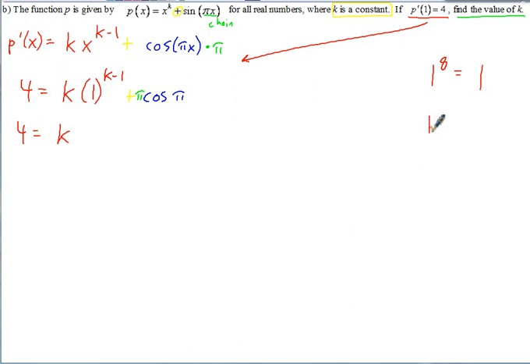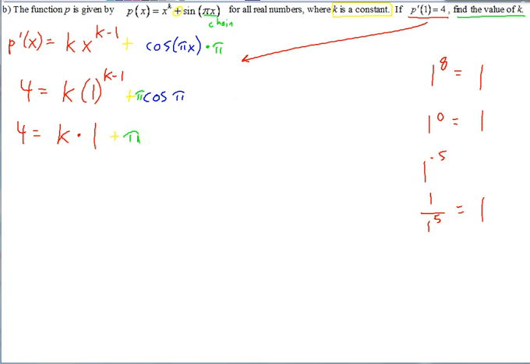And 1 to the 0 power, also 1. 1 to the negative 5th, it'll be 1 over 1 to the 5th, also 1. So notice whatever exponent we raise 1 to, it's always going to be 1. So 1 has that special property. So even though we don't know this exponent, because the base is 1, we know for sure it's just going to end up being 1. Plus pi times the cosine of pi.